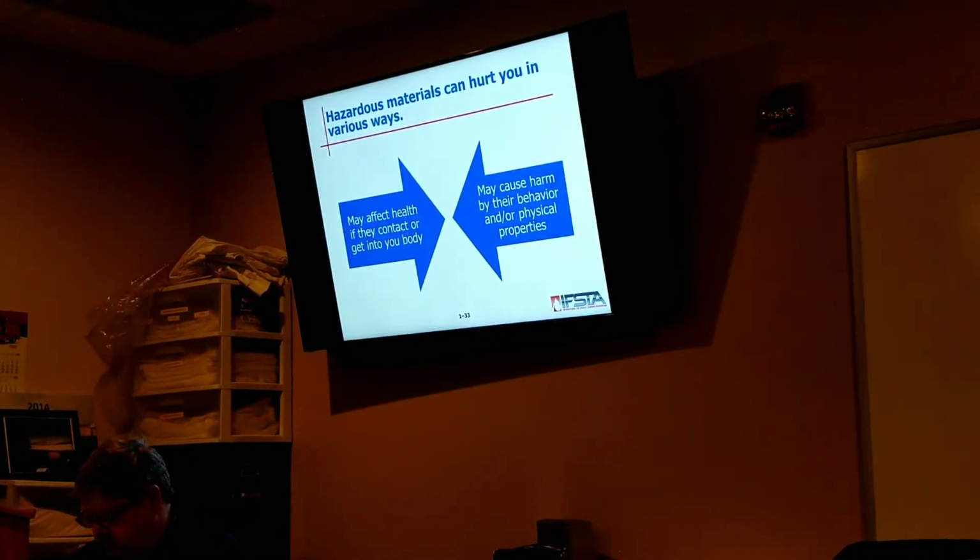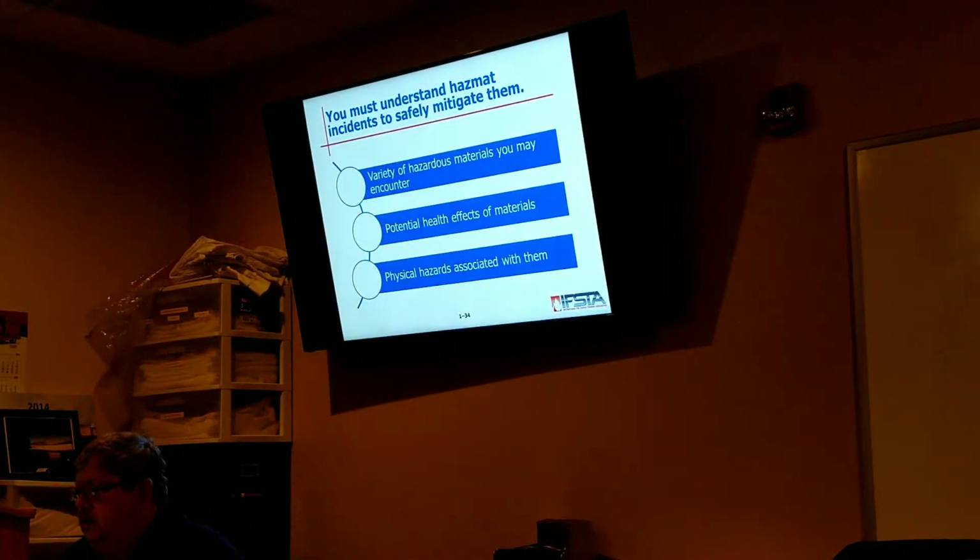Look at the potential health effects. Some of the physical hazards associated with them. You got to understand injury, loss of life, environment, property loss. That's things that's going to happen with hazardous materials.